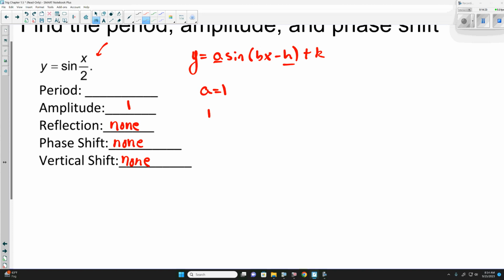But there is a period. Just like amplitude, there will always be a period, even if it's just 2 pi. But we need to figure out what the value of b is. Now, this is the same as saying sine of 1/2 x. So it's telling us the value of b is 1/2.